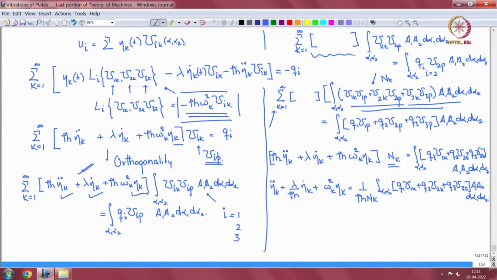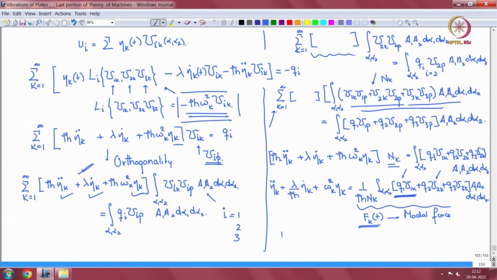Okay. Now this we will give it a name, we will call it f of k of t. This is like the modal force. Modal force. These are the forces. When they are integrated with a mode, they have become modal forces. This is a total modal force. Okay.